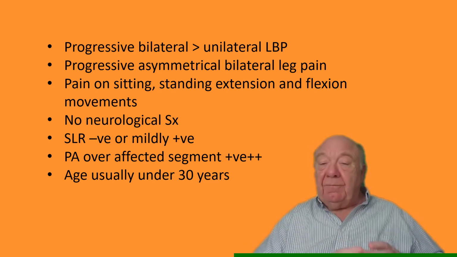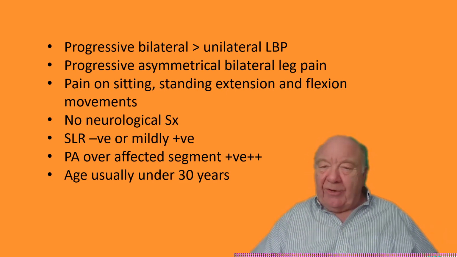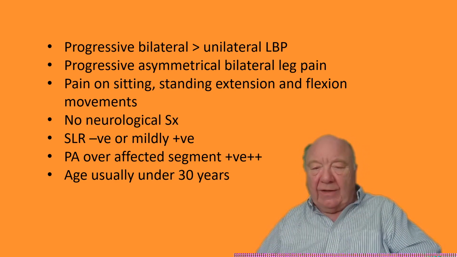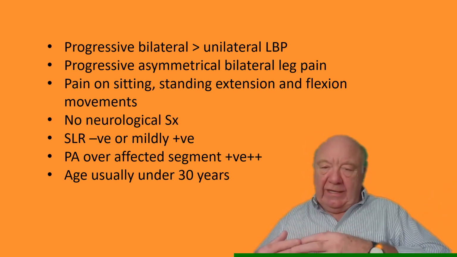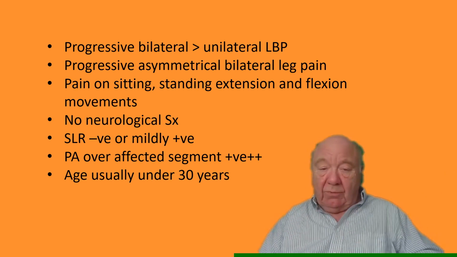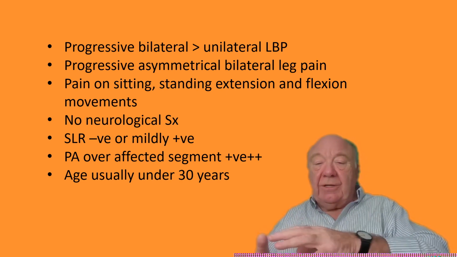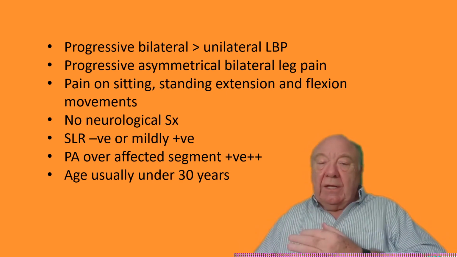So it's very rarely unilateral, it's almost always bilateral. It's asymmetrical, so one side is worse than the other. You'll find the pain going further down the leg on one side than the other. It can go all the way into the foot, it can do all sorts of things when it gets bad enough. There's pain on sitting, standing, extension and flexion movements.